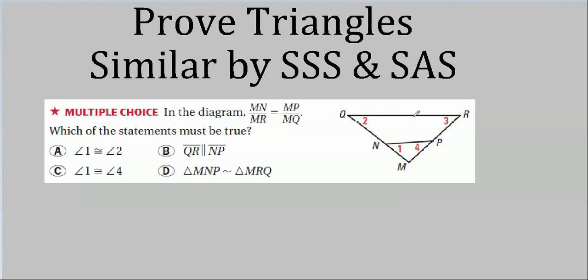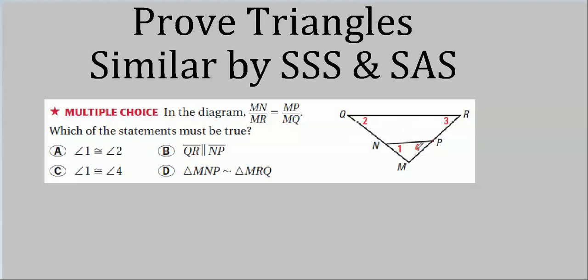There might be. What about angle 1 being congruent to angle 2? Well, if these two lines were parallel, we could say that. But we don't know that they're parallel yet, if they even are. What about 1 and 4? Well, gee, if MN and MP are congruent, then this is an isosceles triangle, and these two would be congruent.